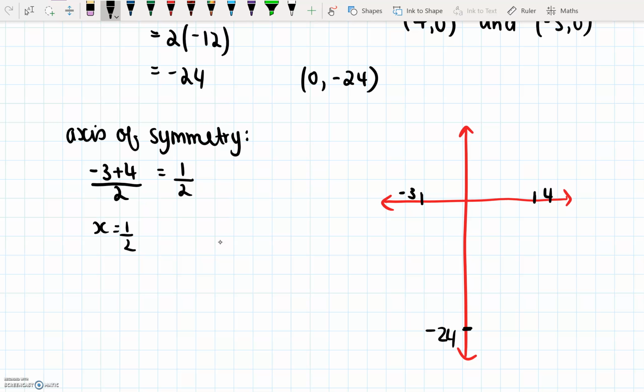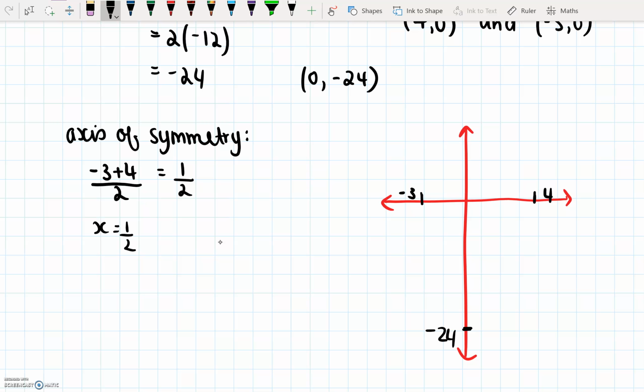And our vertex is where we substitute this x is a half into the formula. Okay, so we have f of a half is equal to 2 times (a half minus 4) times (a half plus 3). Let's have a look at what we get here.